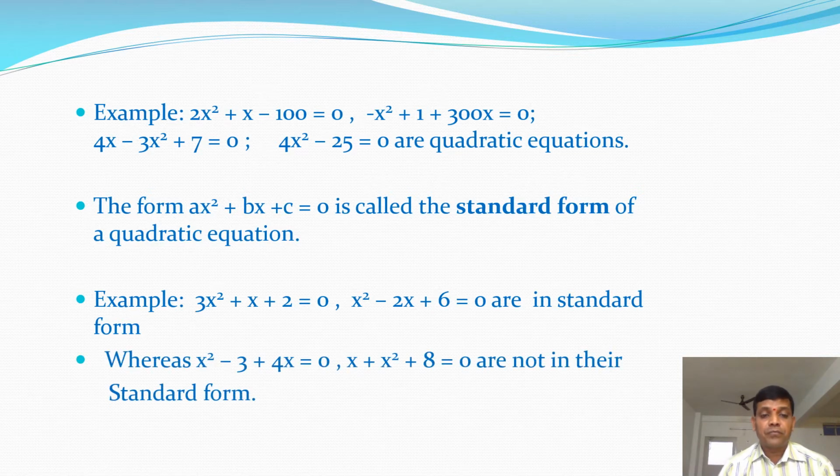Whereas x square minus 3 plus 4x equal to 0 and x plus x square plus 8 equal to 0 are not in standard form, because in the first, the first term is x square, the second term is constant and the third term is the coefficient of x. And in the second equation, x plus x square plus 8 equal to 0, the degrees are not in descending order. So these two are not in standard form.